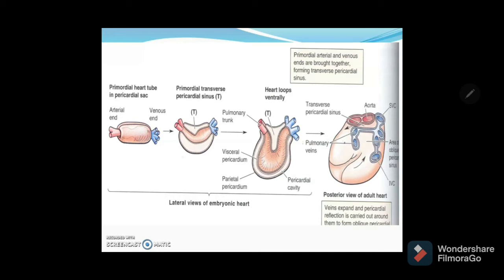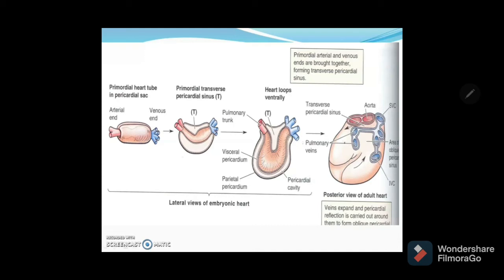So anteriorly you are seeing the aorta and pulmonary trunk, posteriorly you are seeing superior vena cava and pulmonary veins with the left atrium there. So the transverse sinus is derived from there. It lies between the two ends of the primitive heart, and after the loop formation it is formed due to degeneration of the central cells of the dorsal mesocardium.